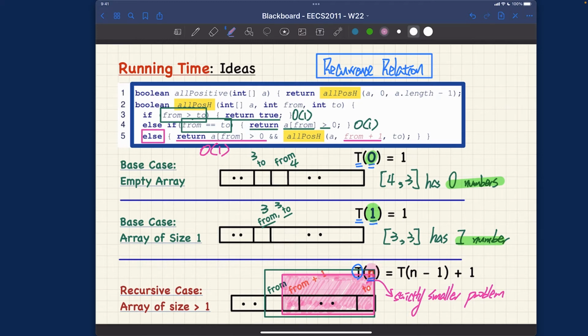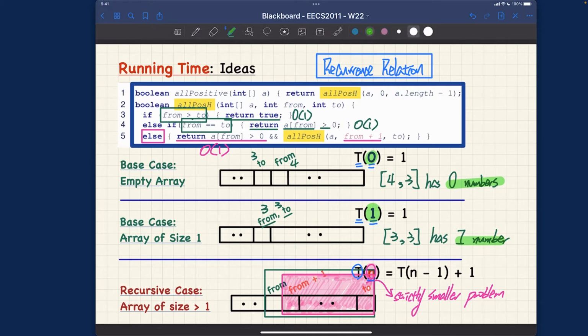That n is really about the input size, because we recur by just reducing the size by 1. So these are the 3 equations we have to define.